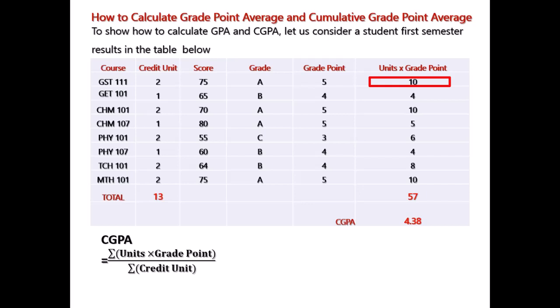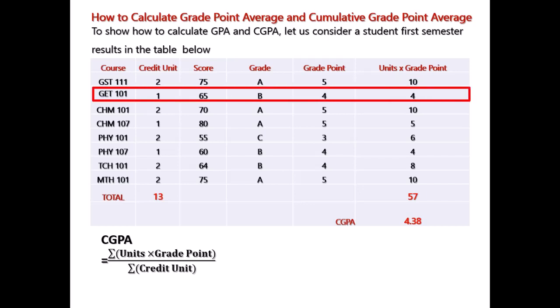For the second course, you can see that the student had a score of 65, which translates to a grade letter of B. And on the grade point table, you could recollect that grade letter B translates to a grade point of 4. Because the credit unit for this course is 1 unit, we simply multiply 1 by the grade point 4 to give us the value in the last column, 4.